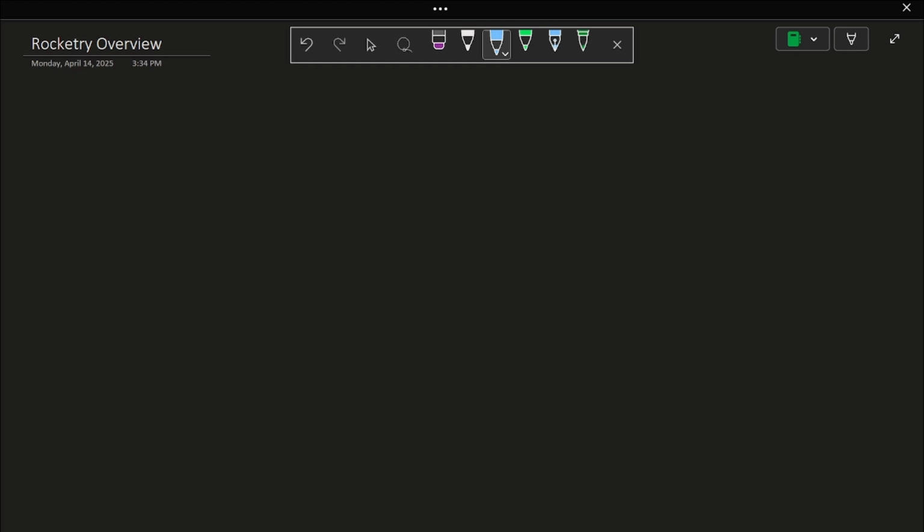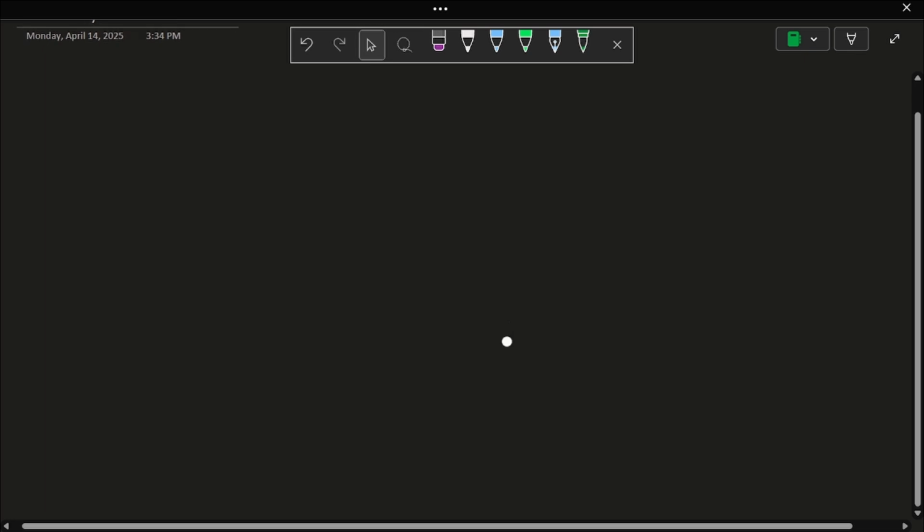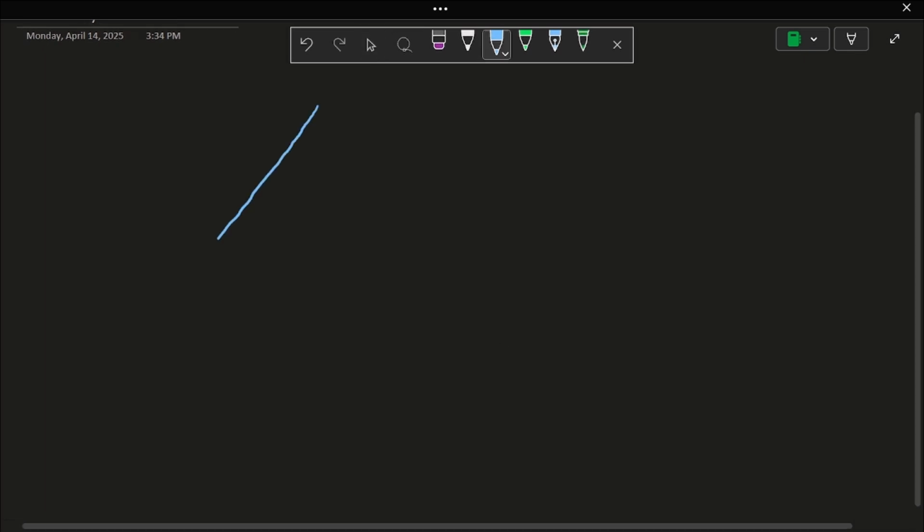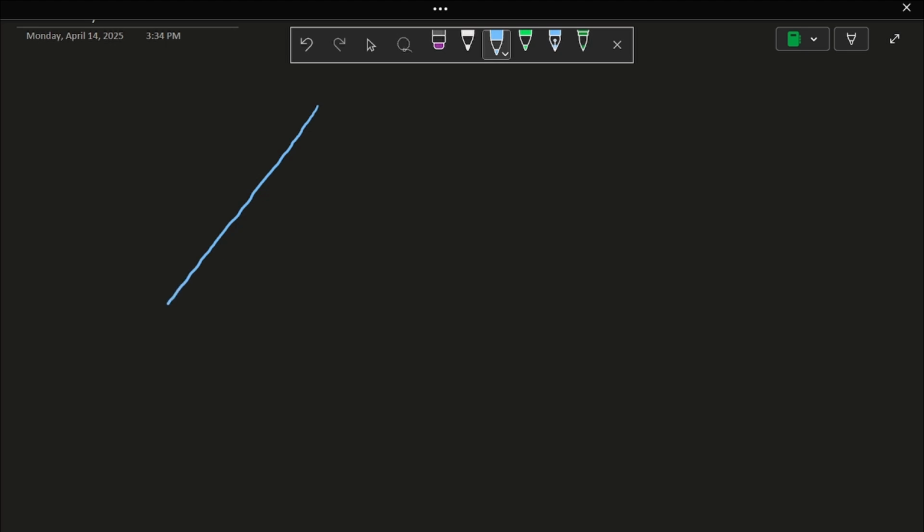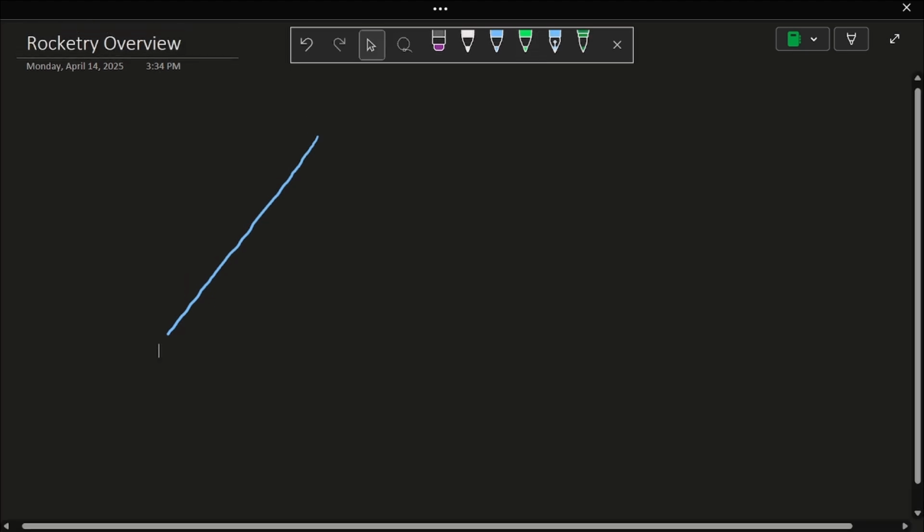So I guess a good place to start would be to draw a little diagram of the situation. So let's do that, shall we? Let's draw a little line. That line is going to represent the rocket, partially for simplicity, partially because I'm not fantastic at drawing, I must admit. And there's two things this rocket can do.